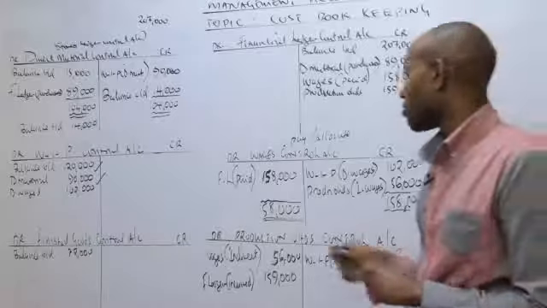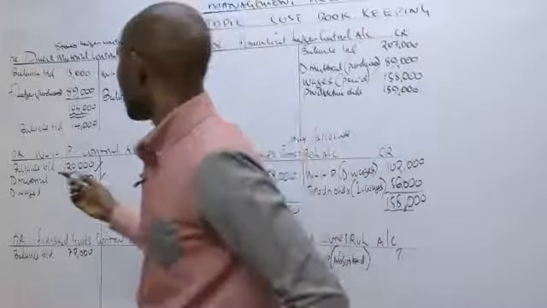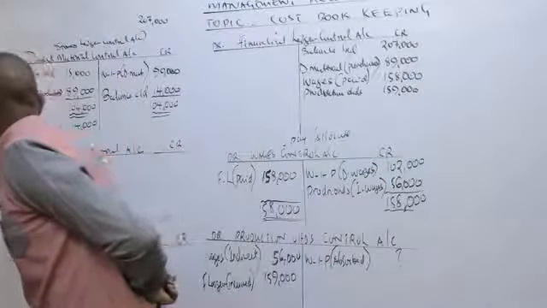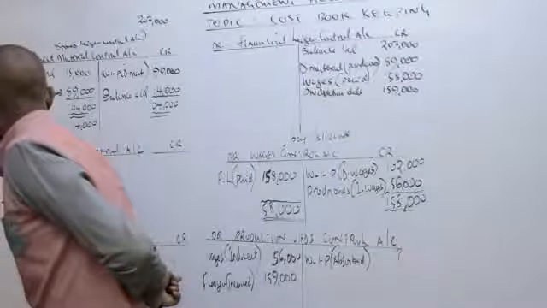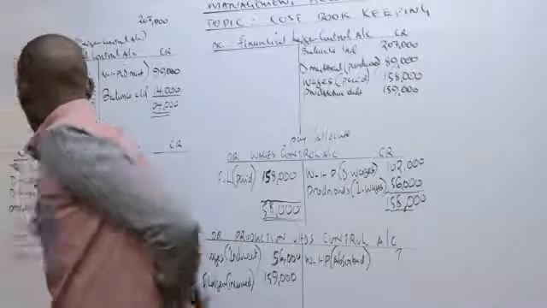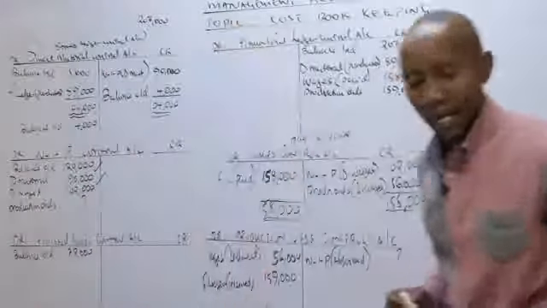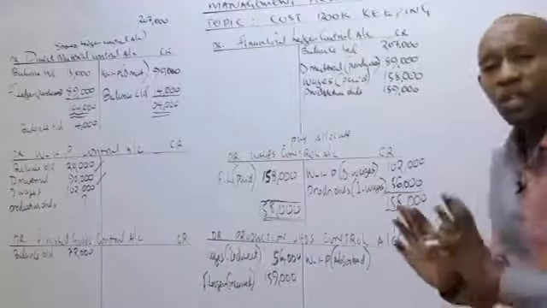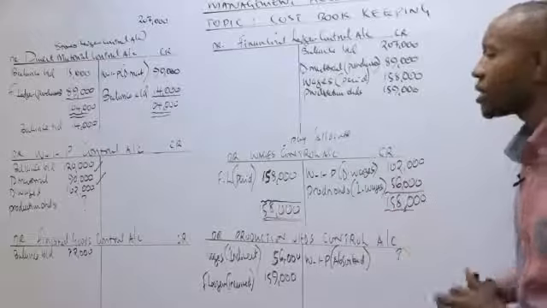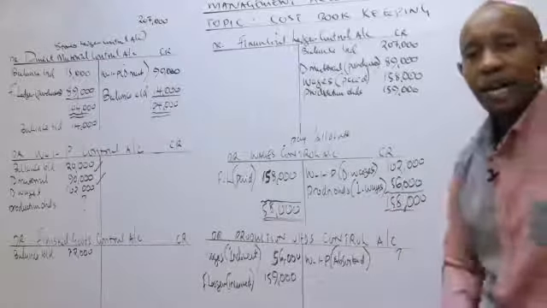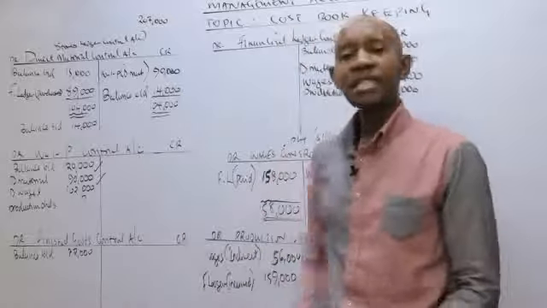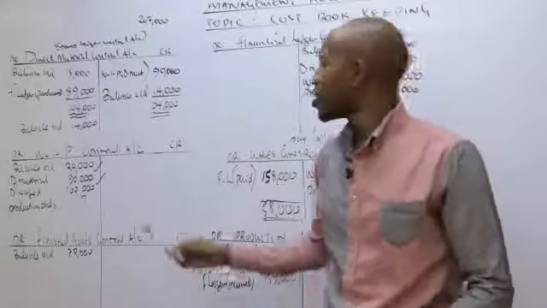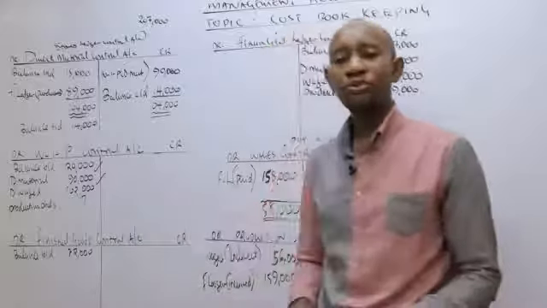So I will come here and say, these are production overheads, but I put a question mark. I don't know how much they were, but I know the closing balance in this account, and I know what was transferred to finished goods.